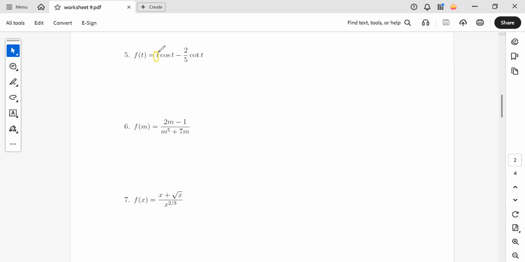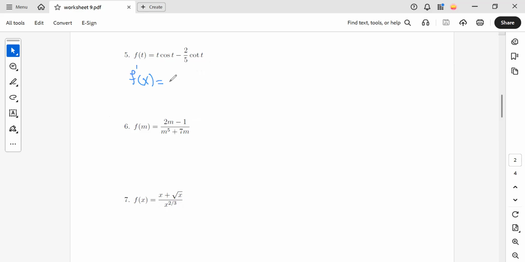So we have two parts here, each of them has a variable, so it is a product rule. But this part is not a product rule because 2 over 5 is just a coefficient and this is the function. So we would start with using product rule for the first one.